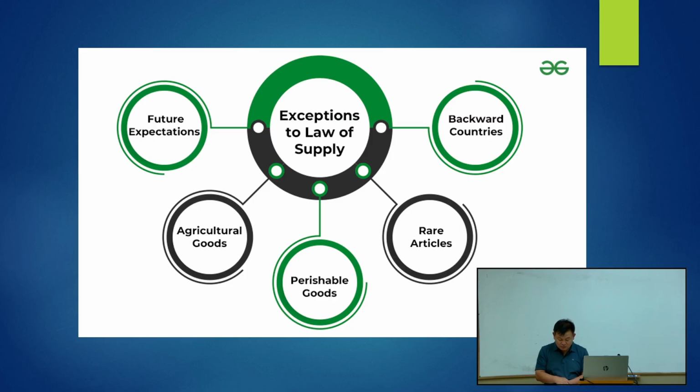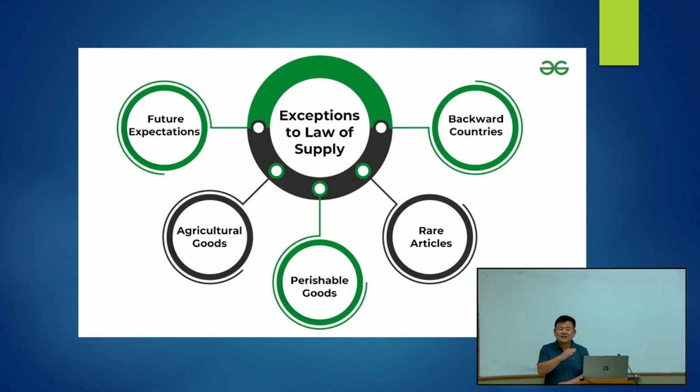Also, the law of supply is one-sided. It means the law explains only the effect of a change in price on supply, not the effect of a change in supply on the price of a commodity. It only follows the price.